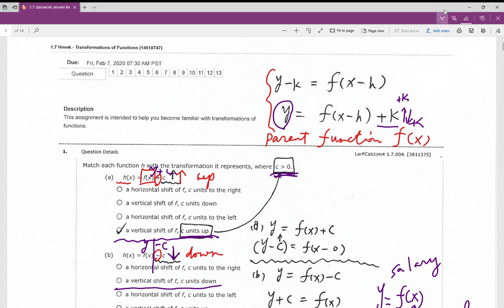So here, let me change color. If k is negative here. Now we go to h.